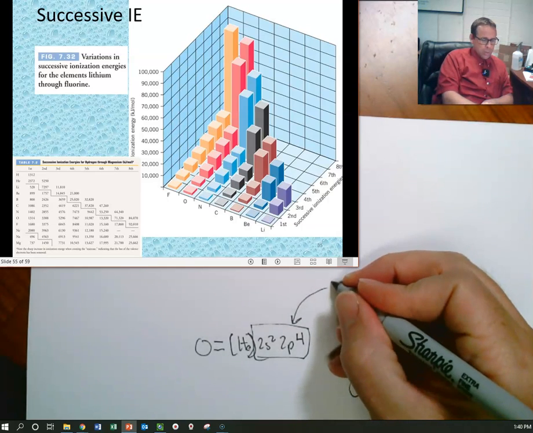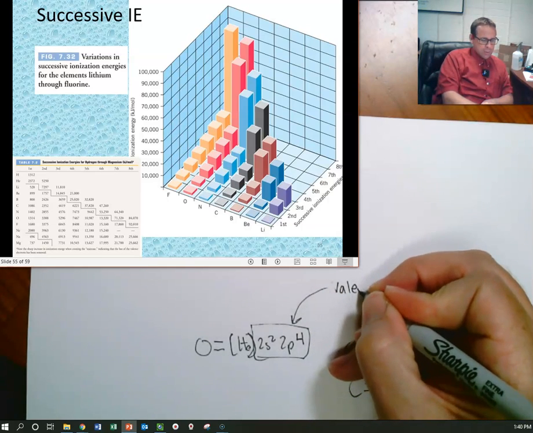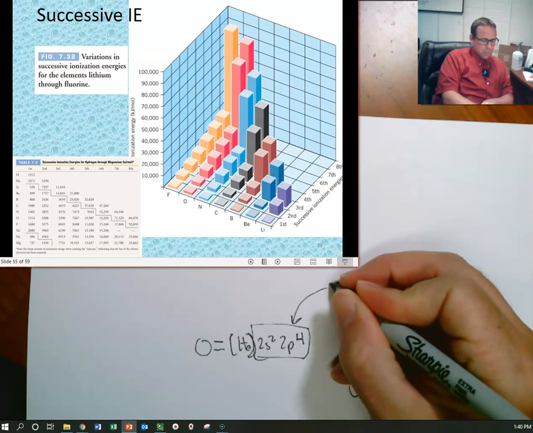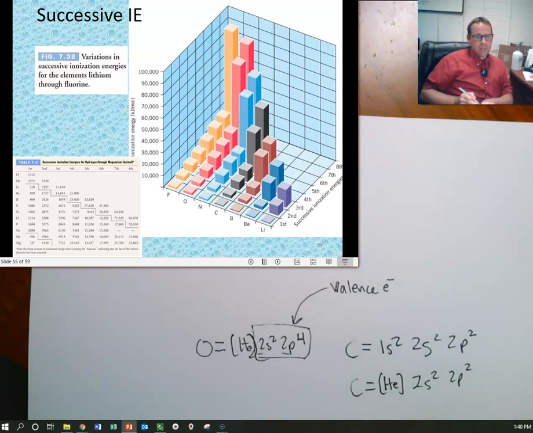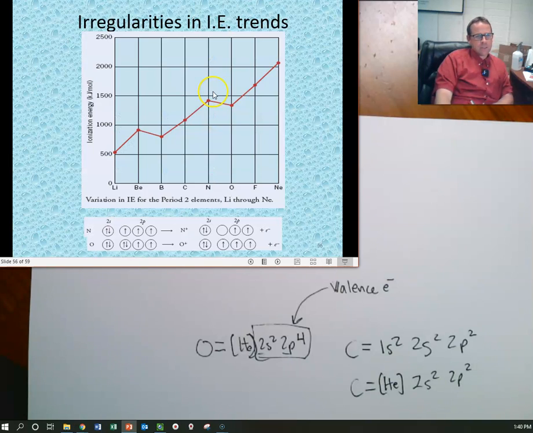Okay. We call them the valence electrons. Remember that? They have the highest N value. They're outside the noble gas core, so we call them the valence electrons. So valence electrons will generally be removed much easier than any electrons within a noble gas core. Okay, very good. So that's successive ionization energies.